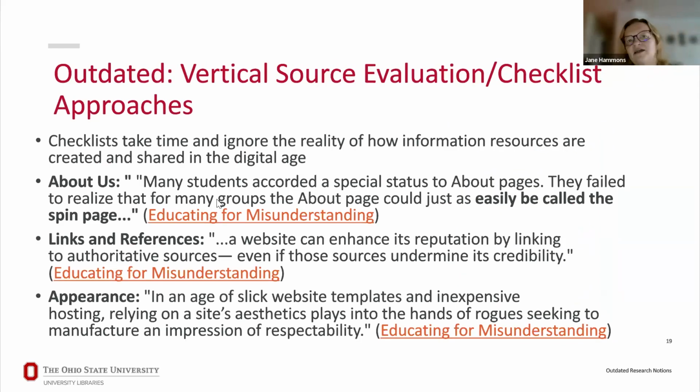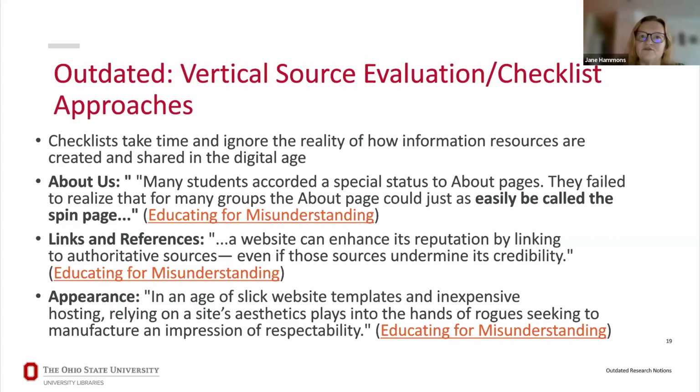Of course, we know that in this day and age, that guidance is not going to be very helpful. An organization can put whatever they want on their About Us page, they can lie. No one's going to tell them that they can't, right? And so if students think that what's on that About Us page is credible, then that can really lead them wrong. Same thing with links and references.